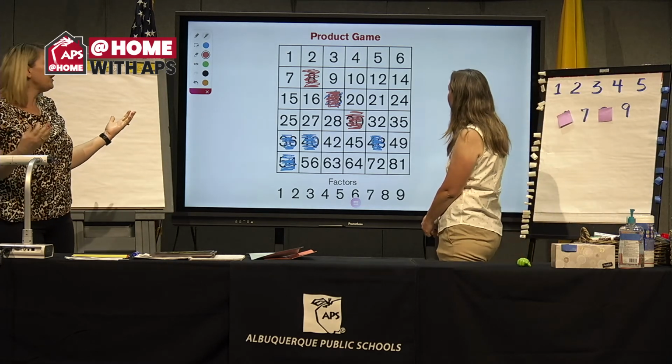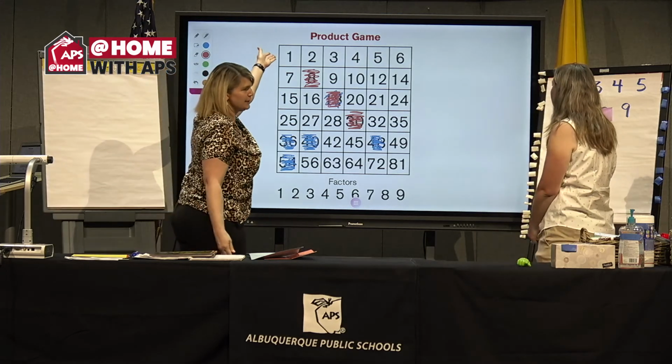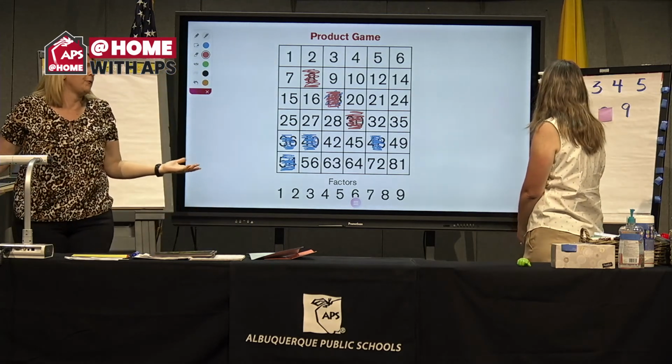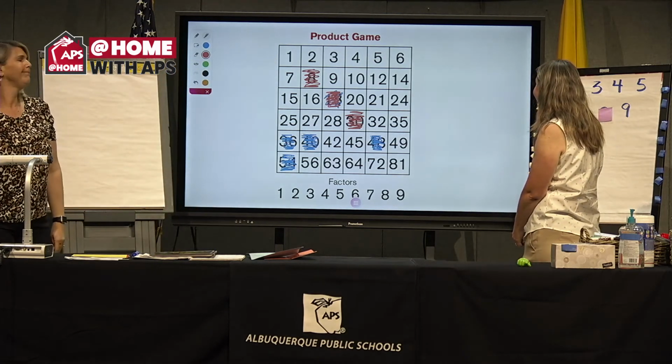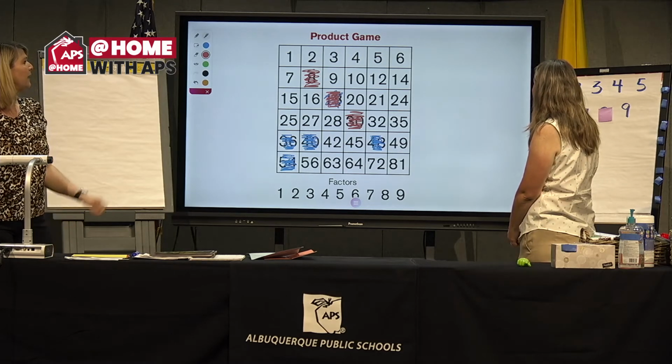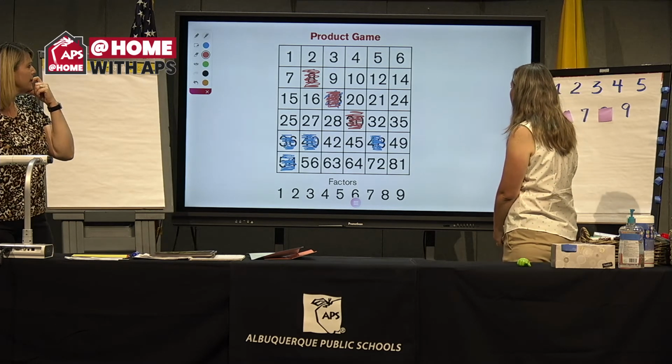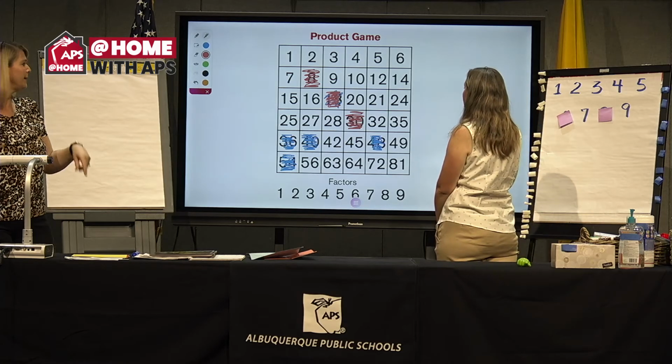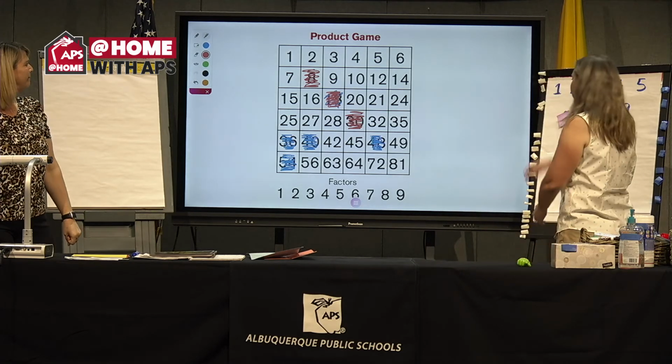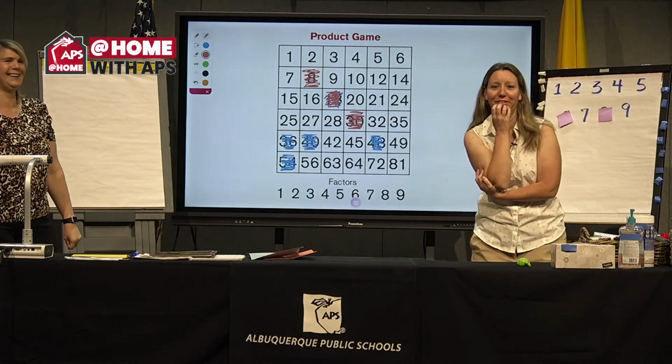Now, if we had a 1 open, that might make it really easy to do there, right? But we don't have anything with a 1. But I can maybe see another route. Oh, help me out.